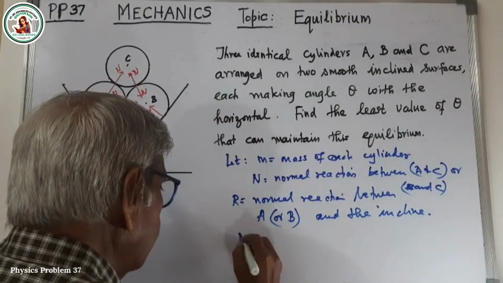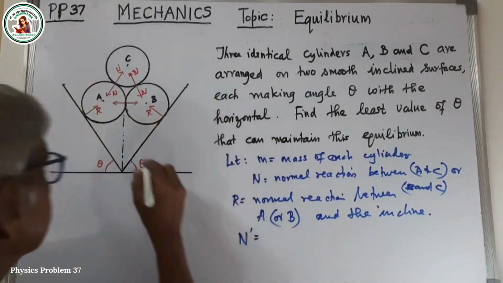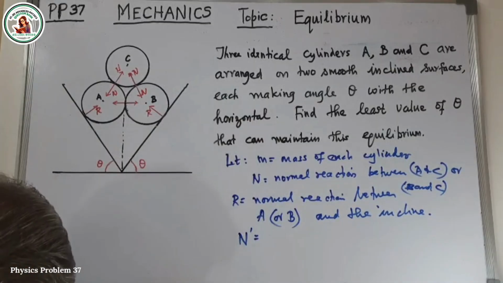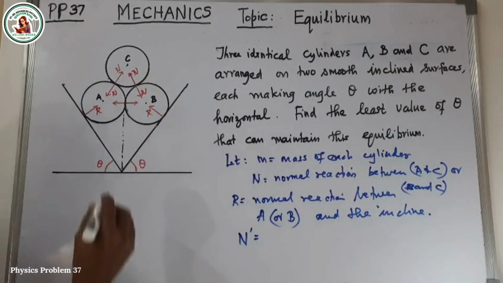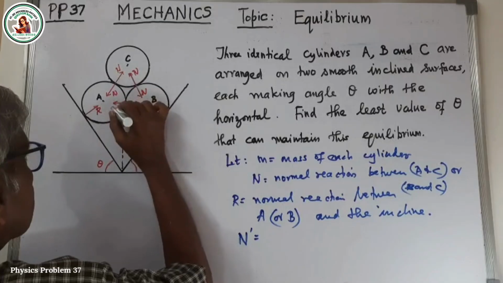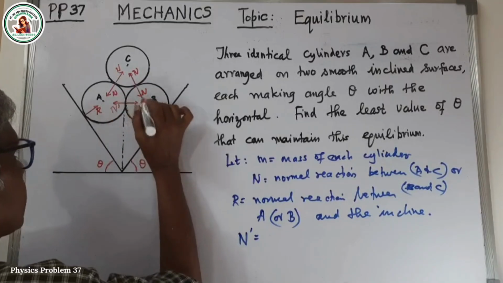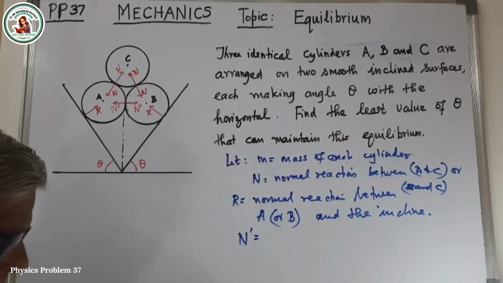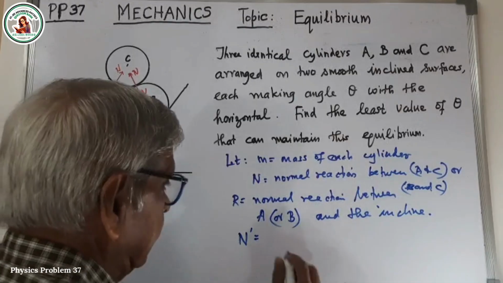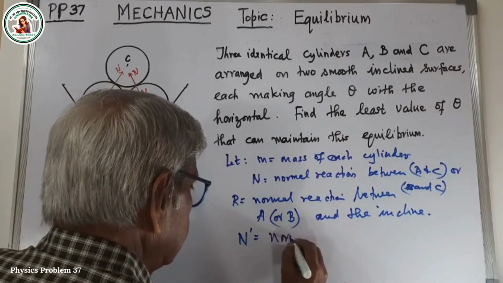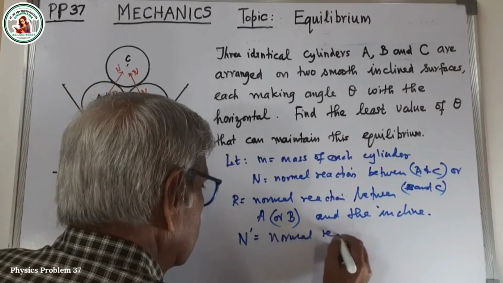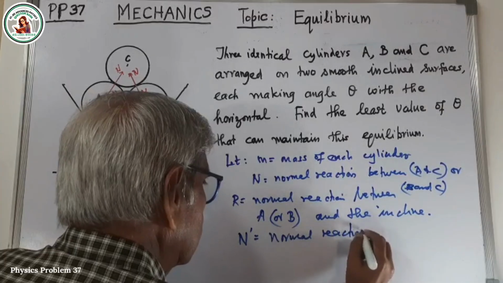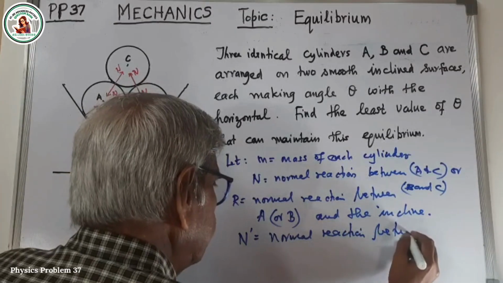N dash equals the normal reaction between the lower cylinders, that is, between A and B.